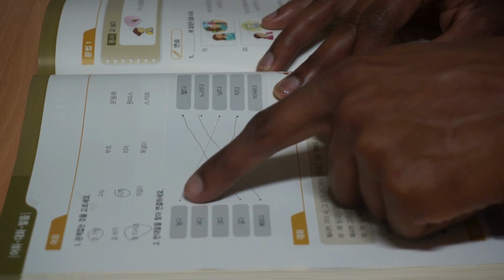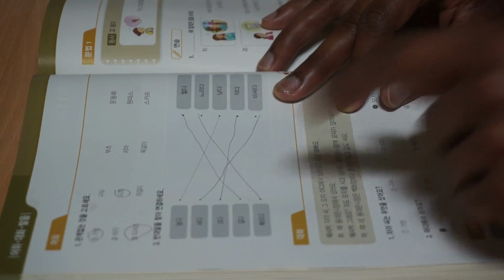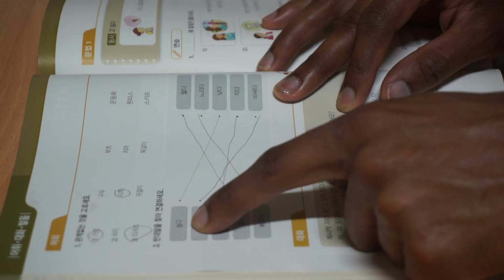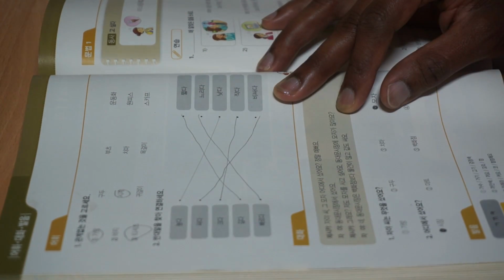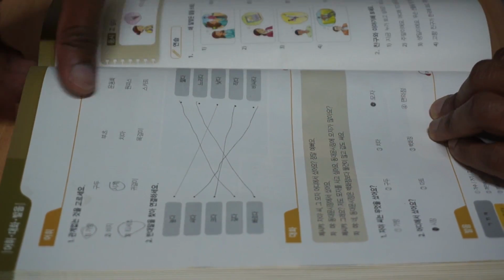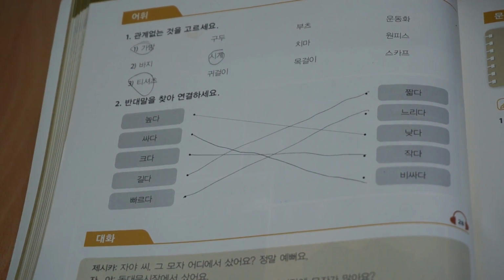So just putting a line connecting the 반대말. So the first one says 높다, which is high, and this is 낮다, which is low. So you just have to connect them. And here is probably a better position so you can see them clearly.